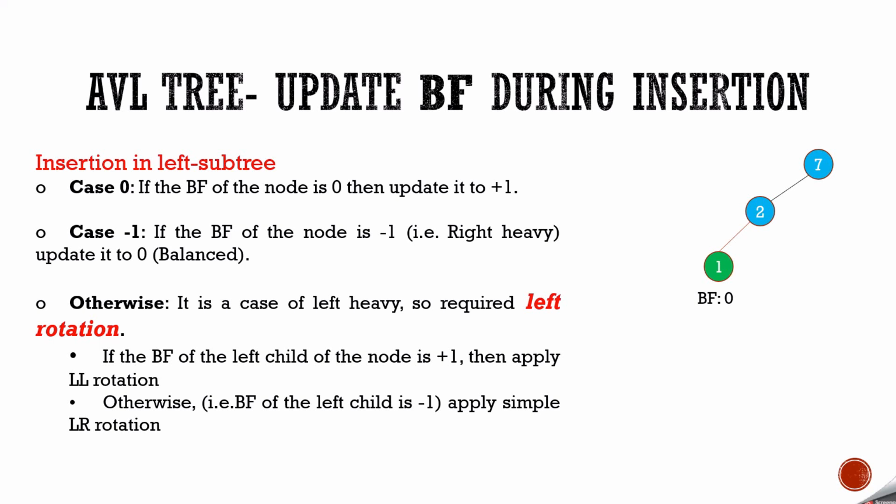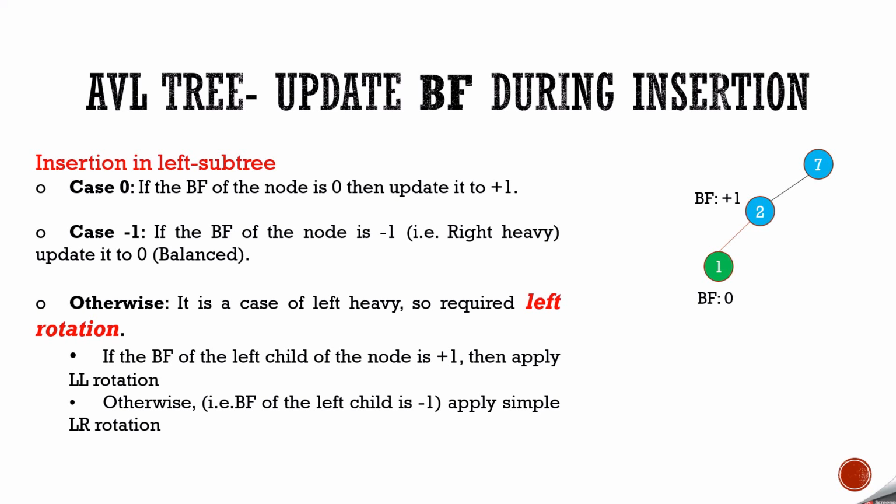Now you see here, in case 0, that means if the balancing factor of a node was 0 before insertion of a new node, and you are inserting the new node on the left-hand side, then I'm going to make it +1. So 2 becomes +1.